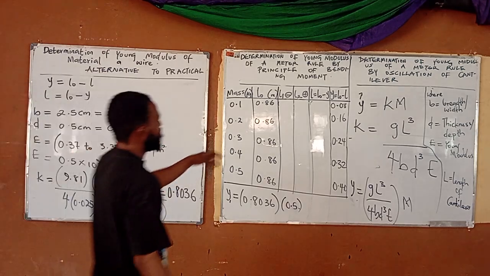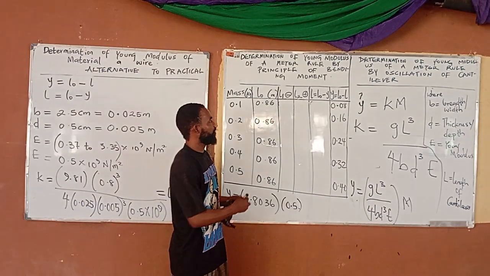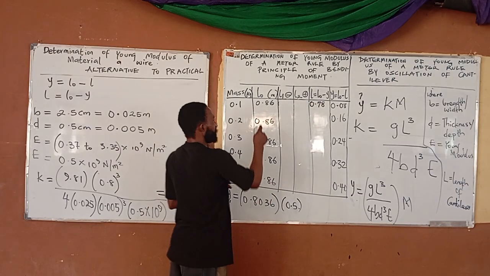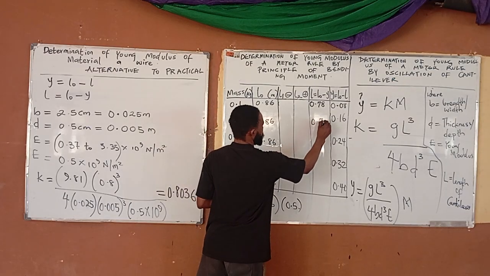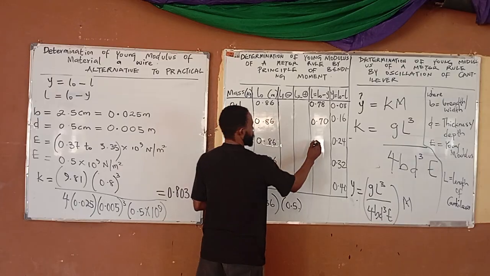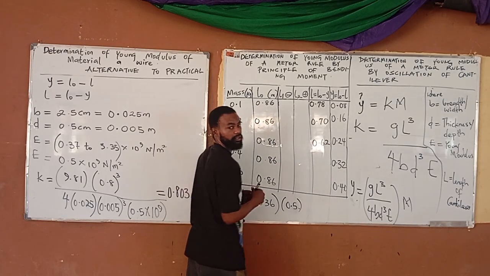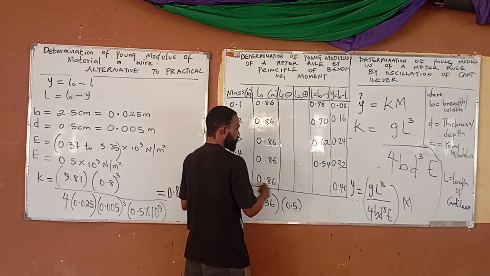So do for me this minus this. 0.7. Do for me this minus this. 0.62. This minus this. This minus this.